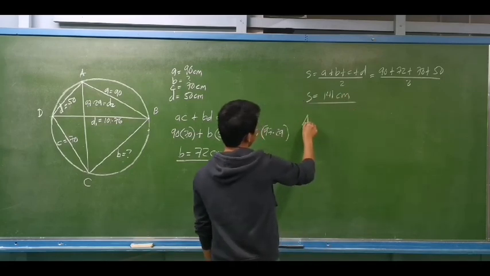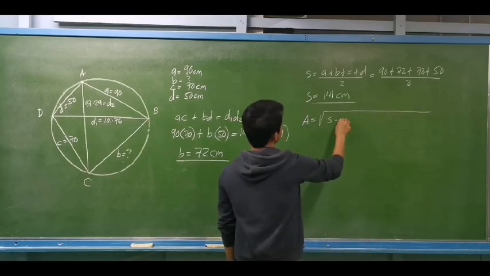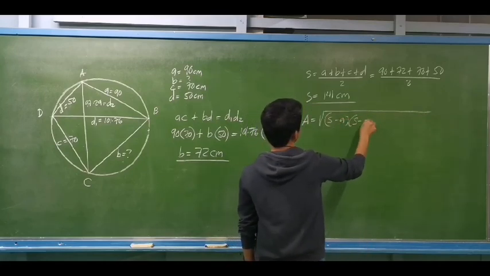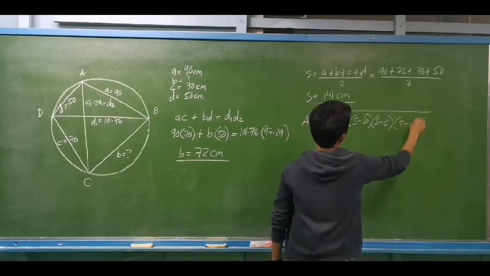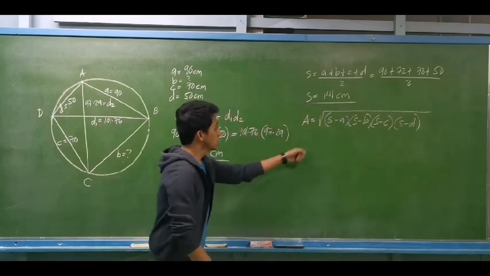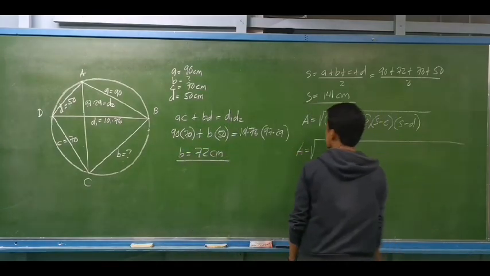Okay, paano ulit kukuha ng area ng cyclic quadrilateral? This is the square root of S minus A times S minus B times S minus C times S minus D. So, we have the area is now equal to the square root. So, substitution tayo.